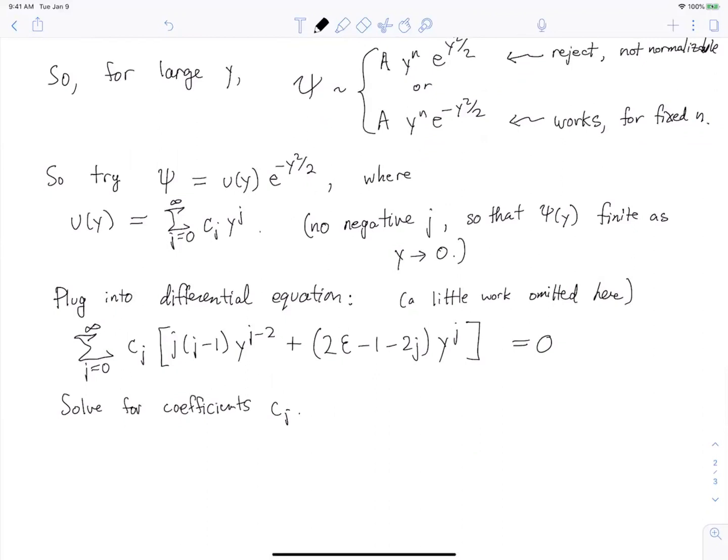All right, and to show that it works, it's nice to use a little trick here. If we look at the first part of this, we notice that this vanishes for j equals 0 and j equals 1. And so we're going to rewrite it, taking advantage of that.